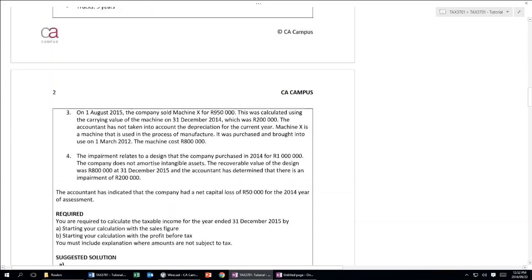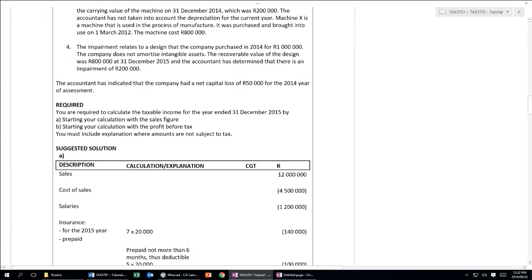Right, so if we look at the required in this question, the required says you are required to calculate. Always pay attention to the verbs used. Are they asking you to calculate or discuss something? And you are required to calculate the taxable income for the year ended 31 December 2015 by A, starting your calculation with the sales figure.